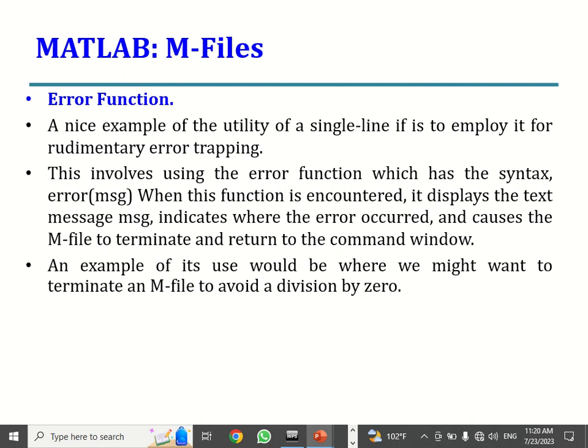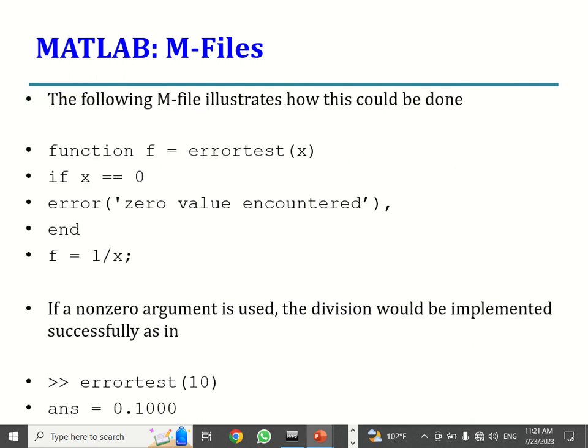Okay. So we created a function, and we don't want the program or the user to put a value which will divide the function by 0. So we want to avoid it. You can see here, use the function error test for x.